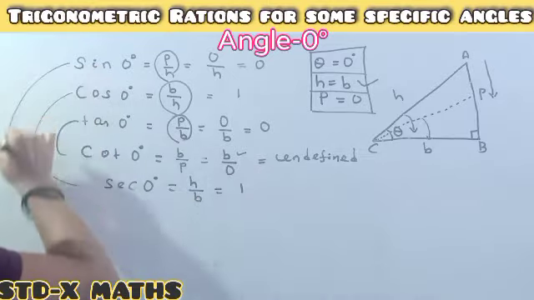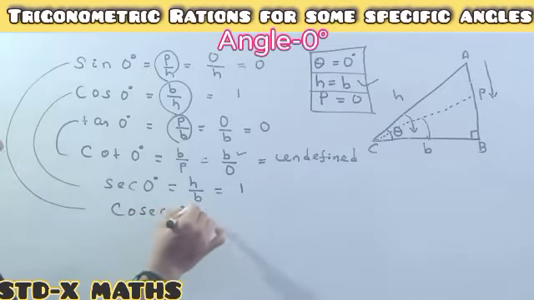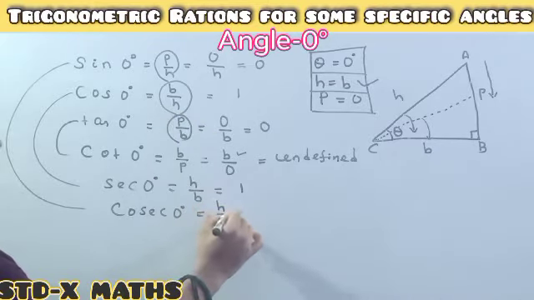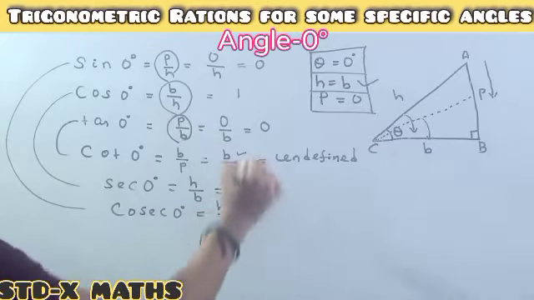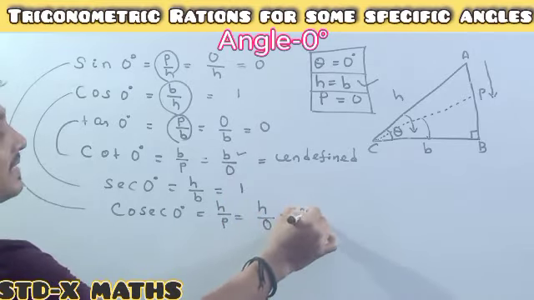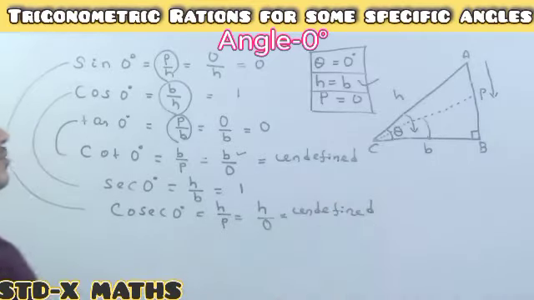Then after sine, its reciprocal will be cosec. See, cosec 0 degree. Cosec 0 degree, this one is p by h, for which this one will be h by p. And h is the non-zero number, but p is 0. So it is undefined. Understood perfectly?